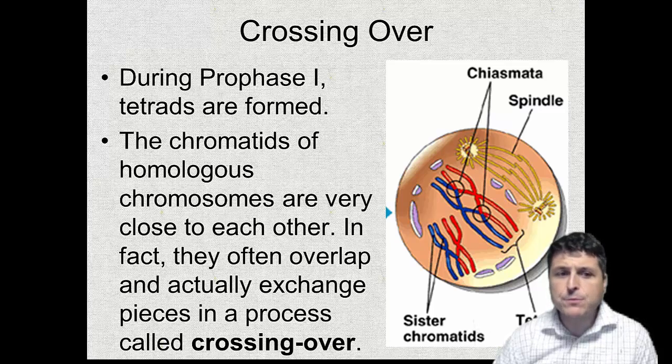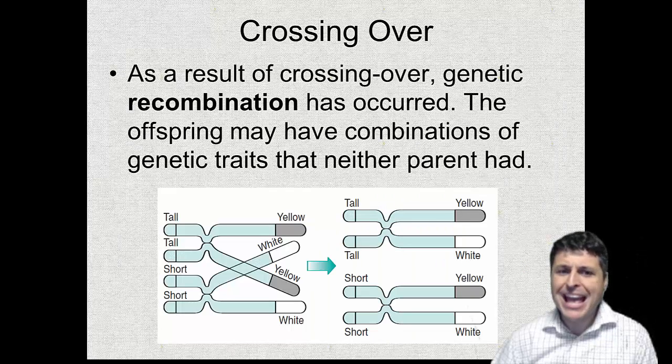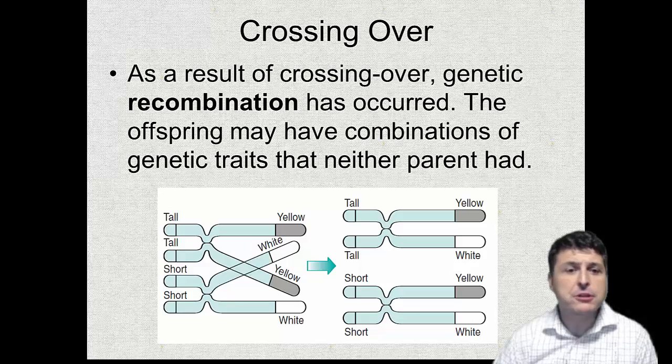During prophase 1, when the tetrads form, the homologous regions of the tetrads can actually exchange with each other as a result of overlapping at regions which we call chiasma. As a result of this crossing over event, genetic recombination occurs, so that the offspring may actually have combinations of genetic traits that neither parent actually had.